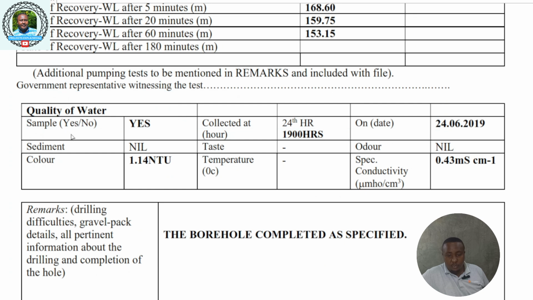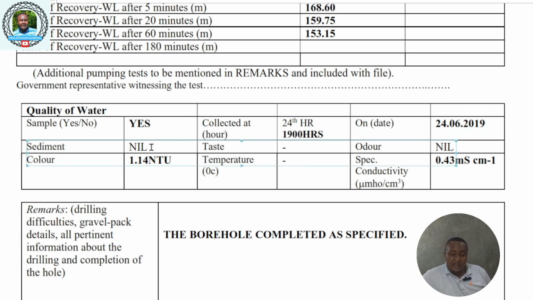Now, then you go to water quality analysis. In here, usually you have the sediment, the color, the odor, and the specific conductivity of water. So at this point, your driller or your contractor will indicate the sample was collected, yes, collected, what time, indicated there, and what date.